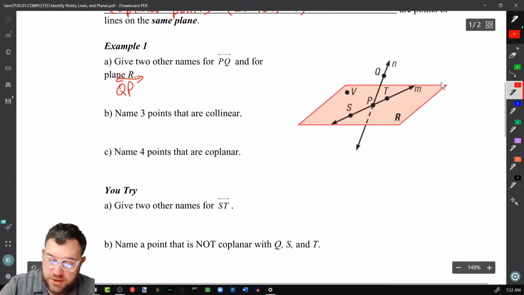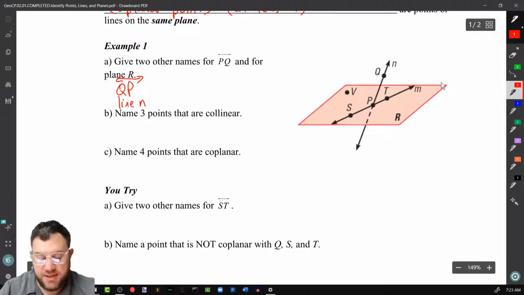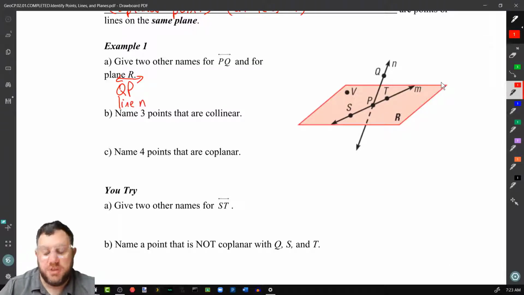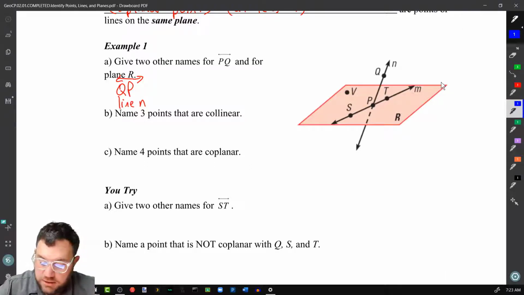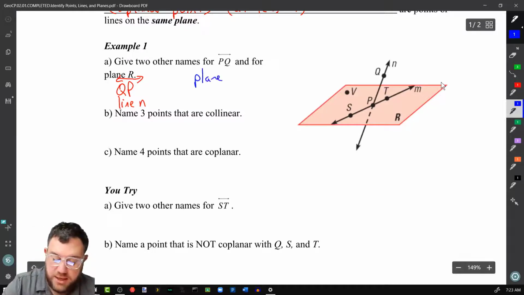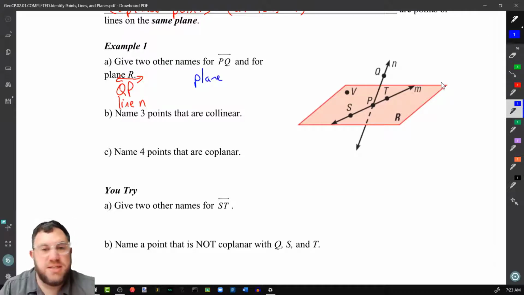We could also call this, because we've got that N over there, line N. When we use that single letter for a line, we want to make sure we write the word line in front of it. For plane R, this just means we need to use 3 points that aren't on the same line. So we couldn't use S, P, and T together because they're all on the same line.